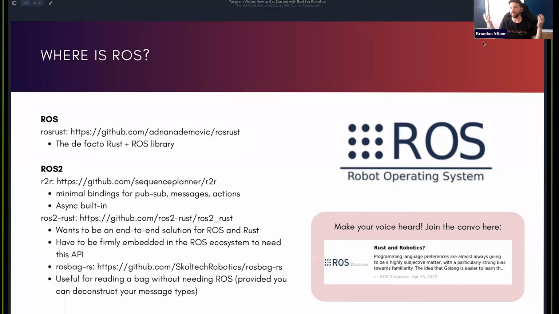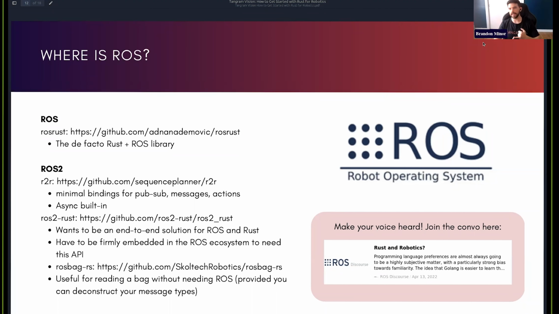So when you talk about ROS and Rust and robotics, are you talking about ROS 1? Are you talking about ROS 2? Are you talking about native APIs? Are you talking about message wrappers? There are 3 or 4 active projects around the ROS ecosystem that don't fit into any of these molds.